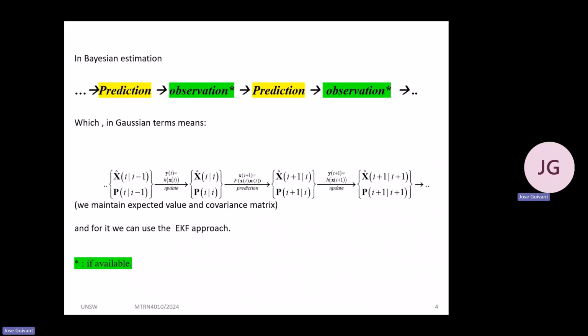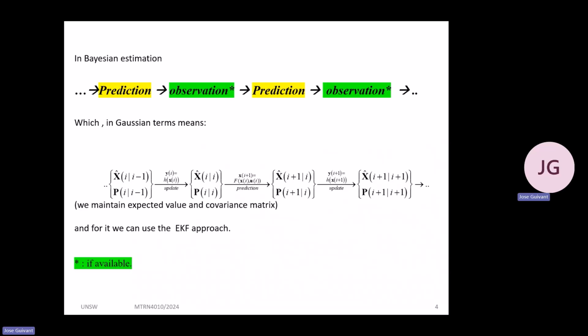And because we are using a Gaussian estimation process in which the PDF, that is the statistical representation we have about the state of the system, is Gaussian, due to that, we could maintain that PDF using two parameters, the expected value and the covariance matrix. They tell us everything about that PDF. We don't need to be representing that PDF using a function or a numerical representation of that function.